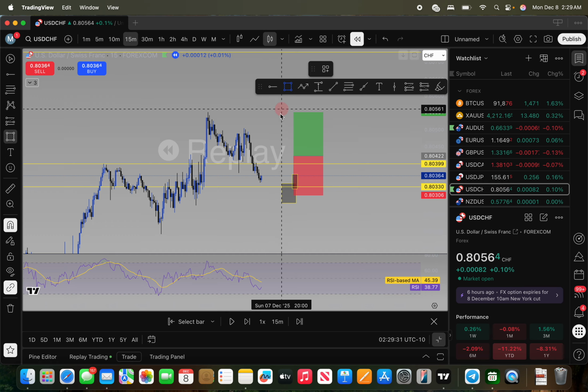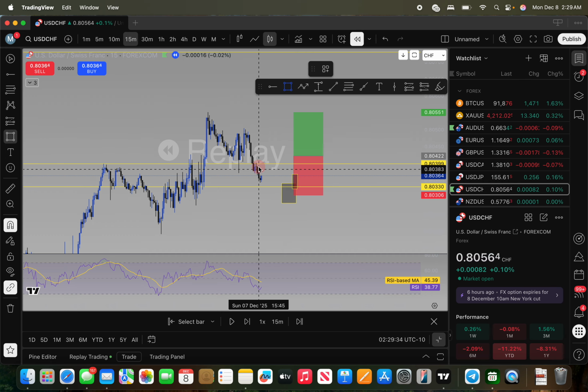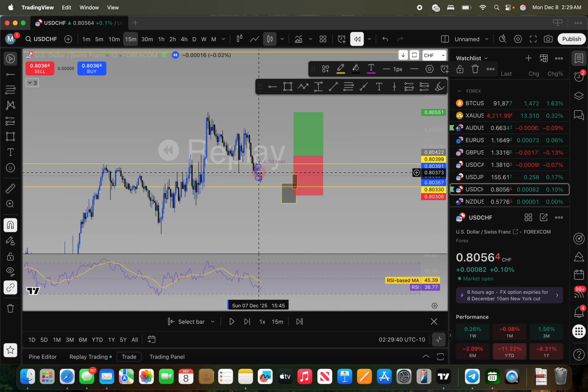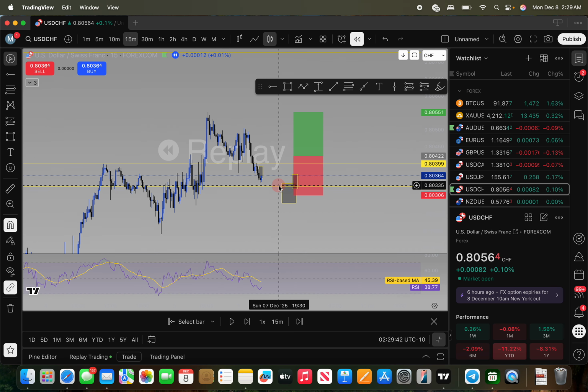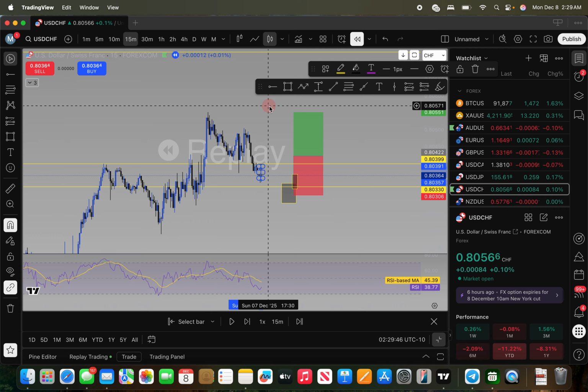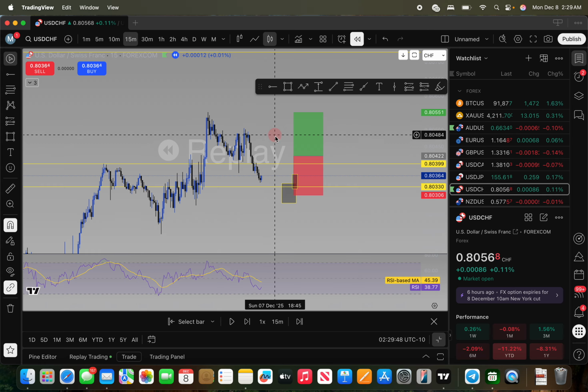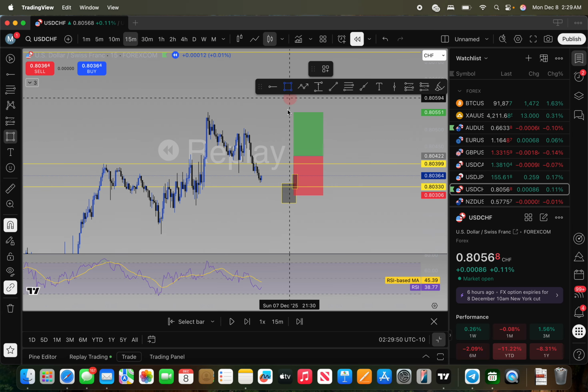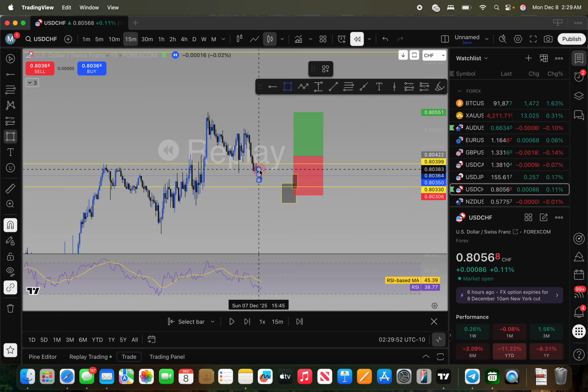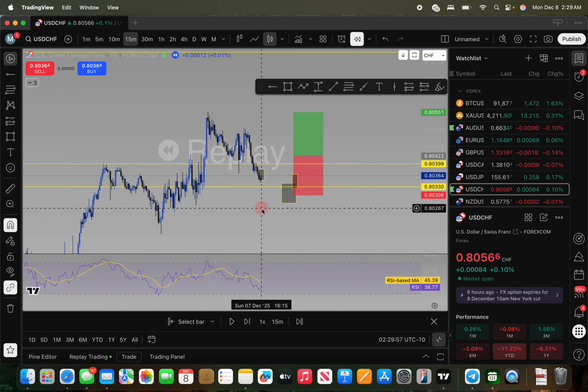We mark this theory candle because it closed under the first theory candle, and then did it close again? No, it did not. So we keep going, we keep waiting.